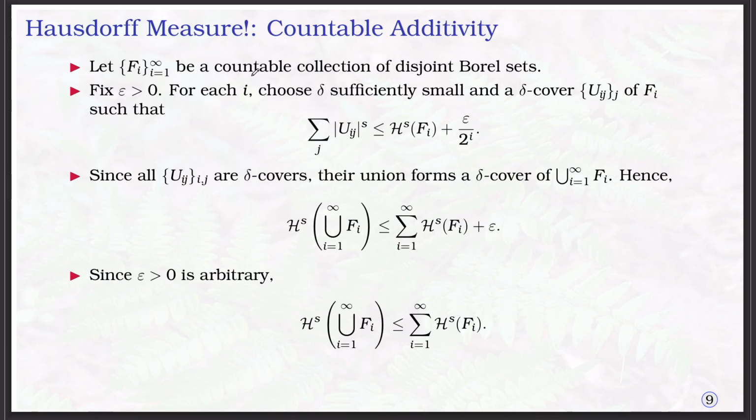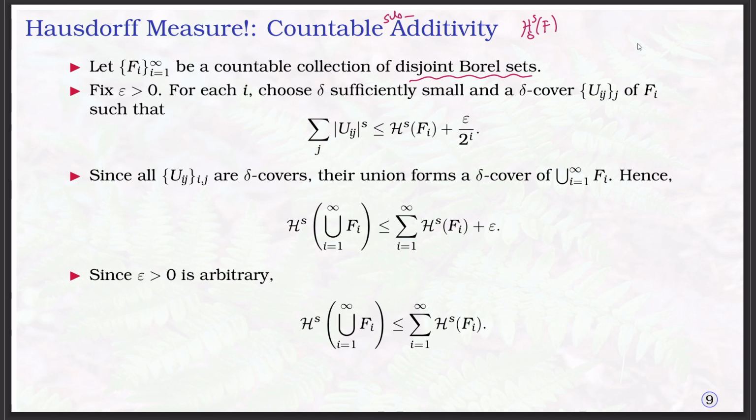The third one: if you want to prove Hs is a measure, then we need to prove the countable additivity. Let Fi be a countable collection of disjoint Borel sets. Instead of disjoint Borel sets, if you are taking general sets, then we need to prove countable subadditivity. To prove Hs is a measure, we need to show the empty set has measure 0.